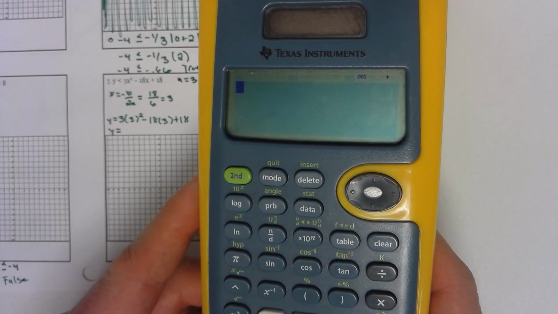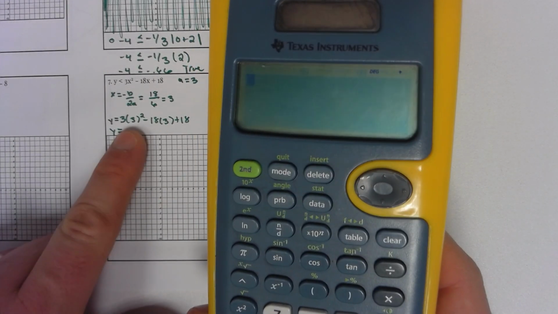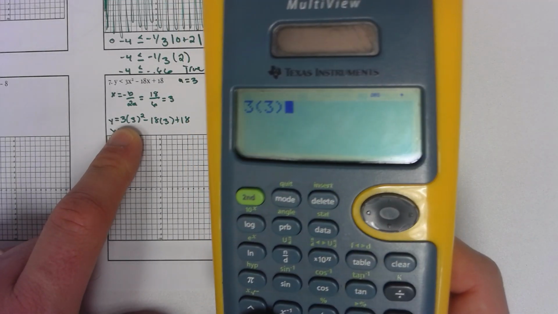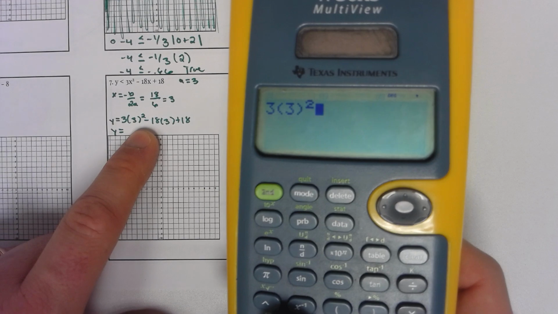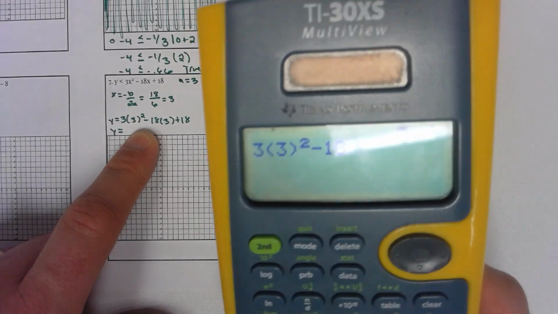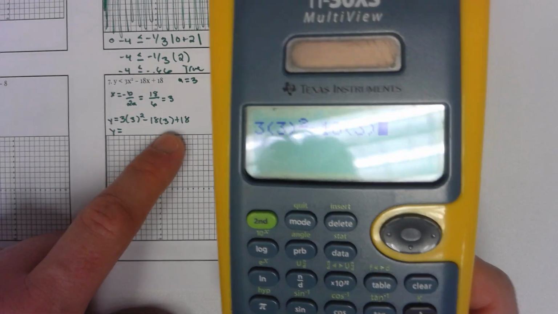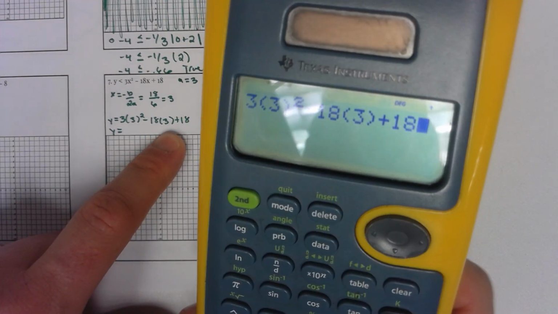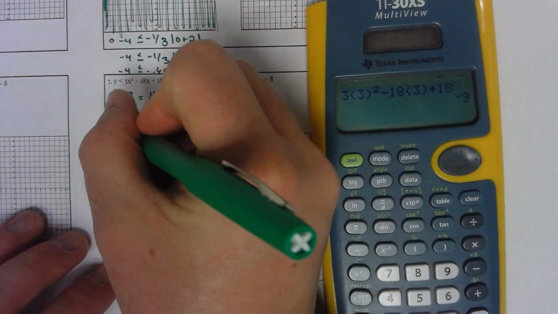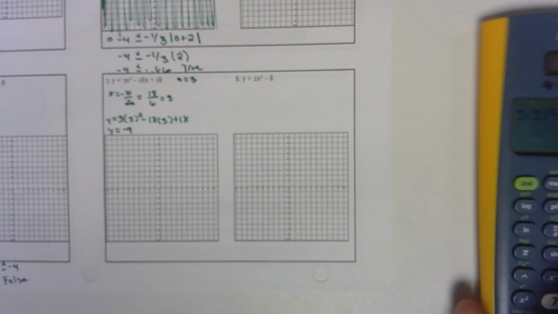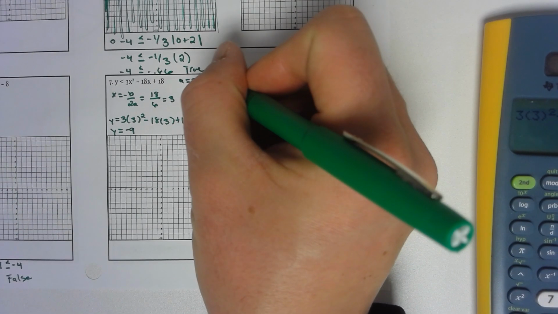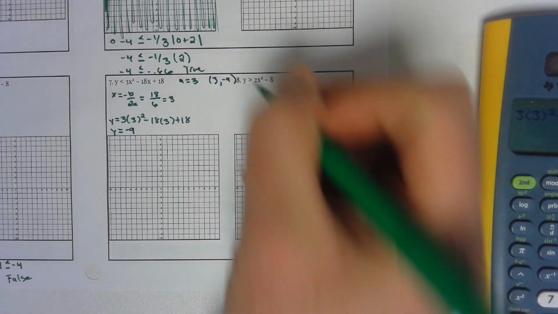All right, so here we go. I'm going to take 3, open parenthesis 3, then the squaring. This is the subtraction button of 18, and then parentheses 3, so times 3, and then plus 18. And I get negative 9.